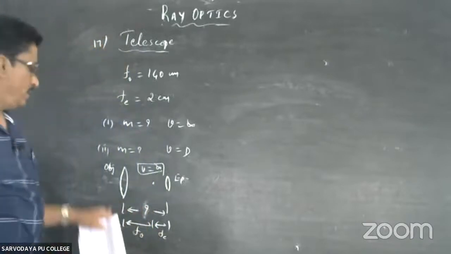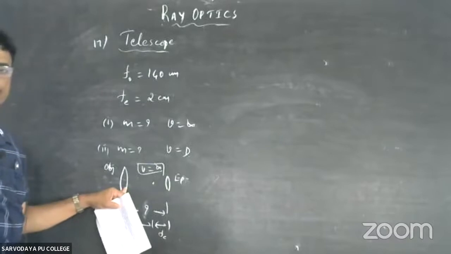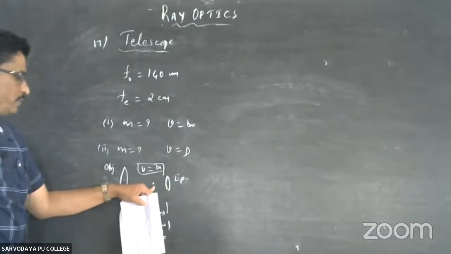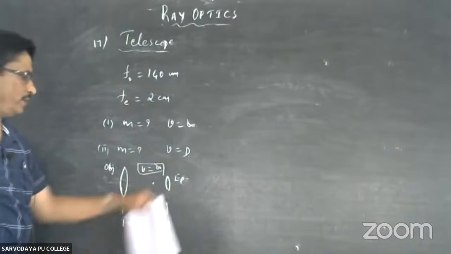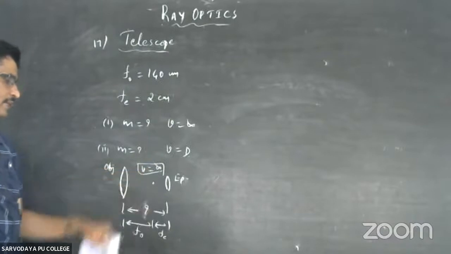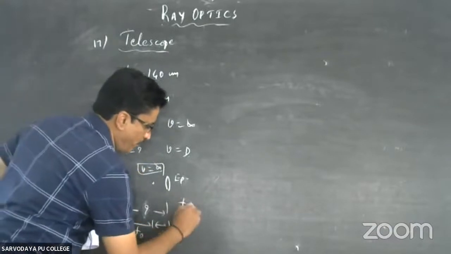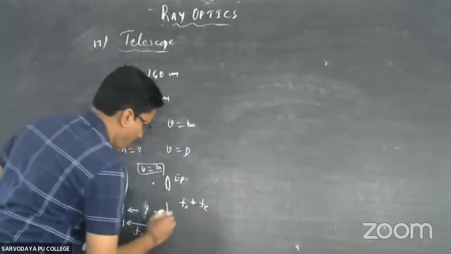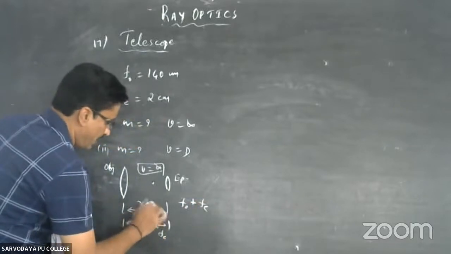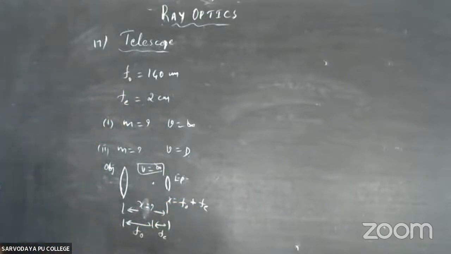If the separation between the two lenses is adjusted such that the image produced by the objective is formed at the focal point of the eyepiece, then automatically the image will be produced at infinite distance. Therefore, the separation is nothing but f0 plus fe. If I call this x, then x will be equal to f0 plus fe.